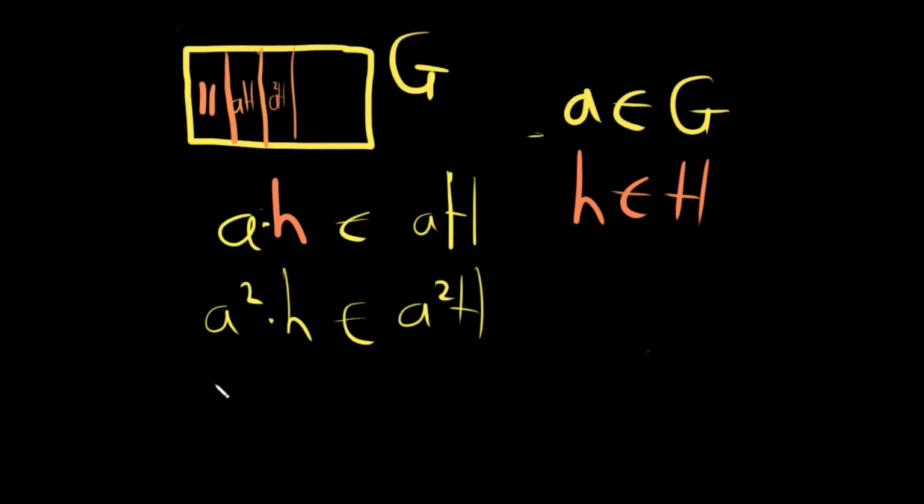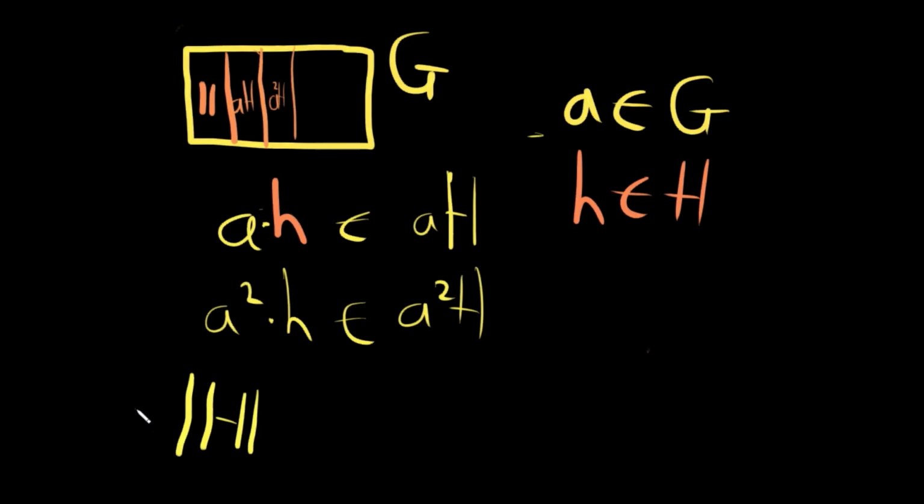Now, the order of the subgroup H, the number of elements in it that we denote by the vertical bars, is the number of elements in this first partition here, but we know that every partition will contain the same number of elements.